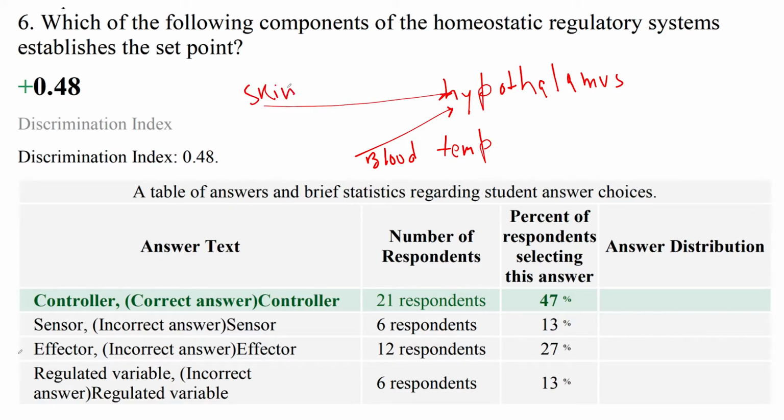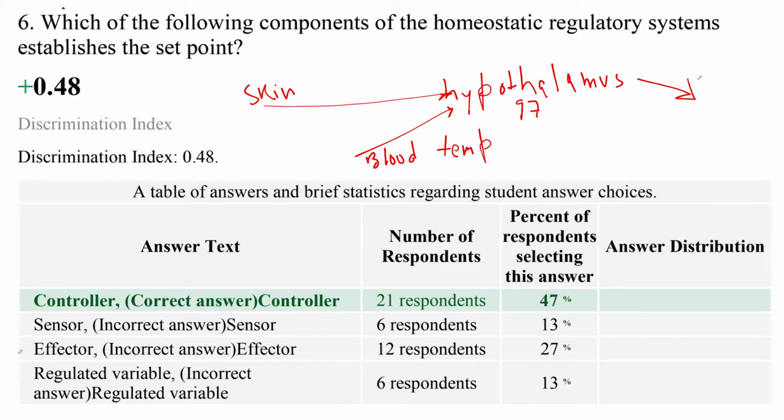We are going to talk about that later again. The hypothalamus contains a center that determines that the body temperature, for example, should be around 97, just to say something, fluctuating around 97.